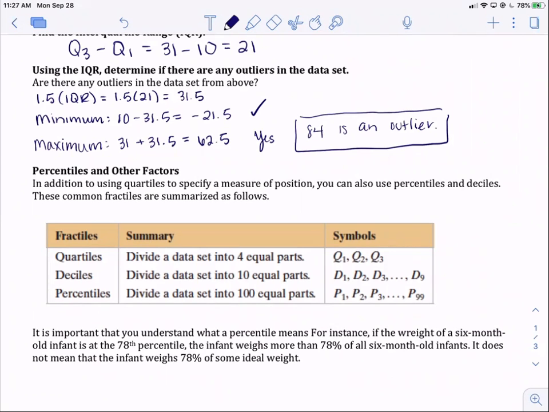The key thing to know is that you understand what a percentile means. For instance, if the weight of a 6-month-old infant is at the 78th percentile, the infant weighs more than 78% of all 6-month-old infants. That does not mean that the infant weighs 78% of some ideal weight. Okay, so it's like a ranking scale.